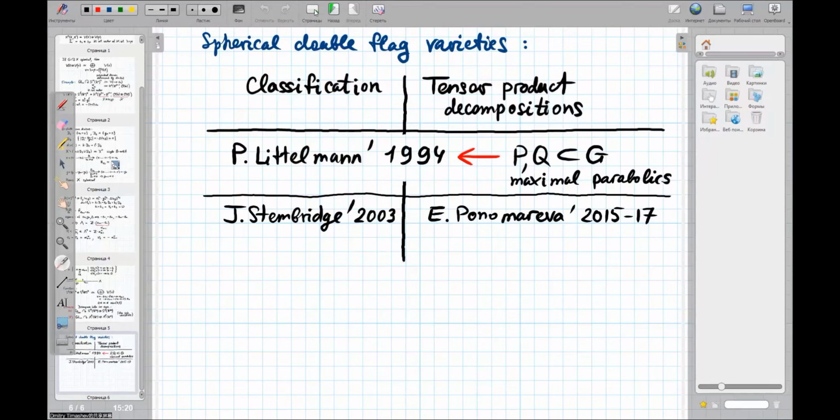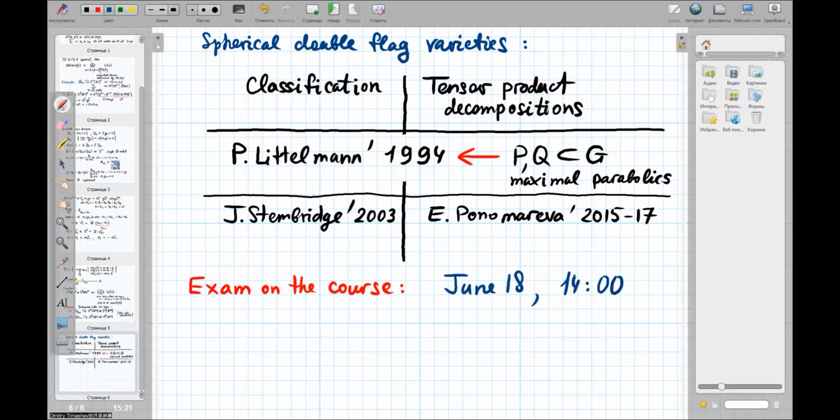So let me write it maybe here. So exam. The exam will be on June 18th, 2 p.m. The starting time is 2 p.m. So it will be distant, of course.